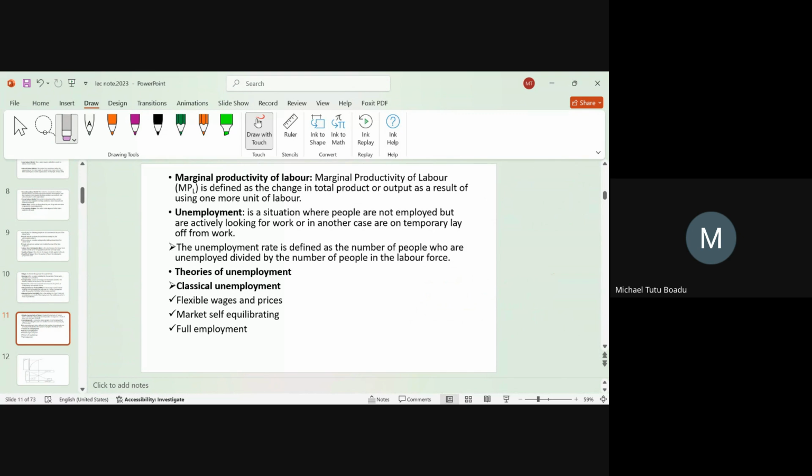Then we have unemployment, a situation where people are not employed, but they are actively looking for a job. The word is this: actively looking for a job. So if you are not actively looking for a job, but you want a job, you are not part of the unemployed.